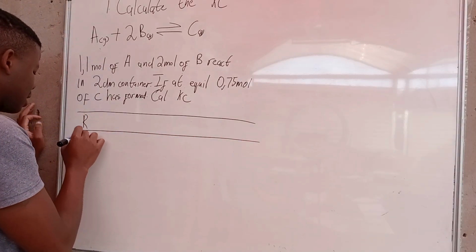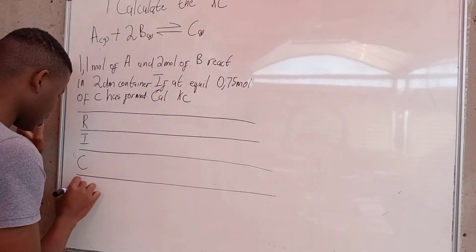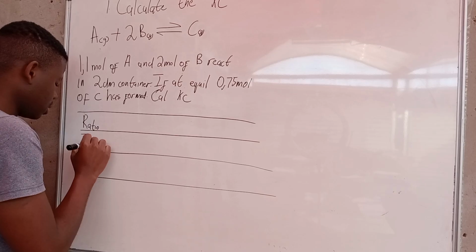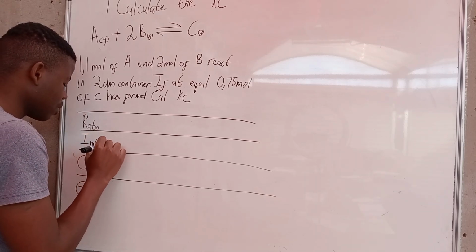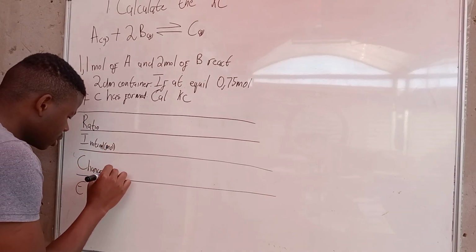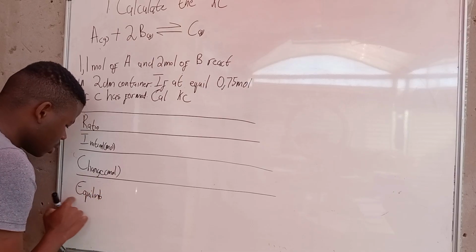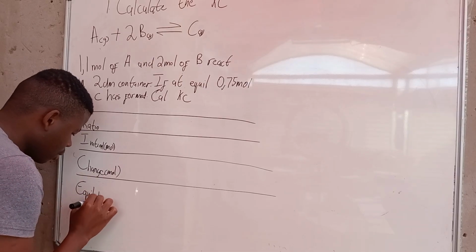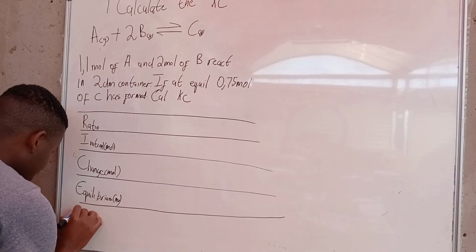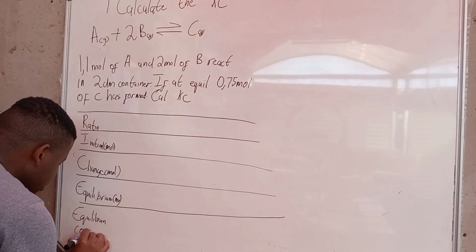So it's going to be R, I, C, and then E. R here is the ratio, I is the initial, in moles, what we were given before the reaction starts. Then the change, then equilibrium in moles, and then equilibrium concentration.